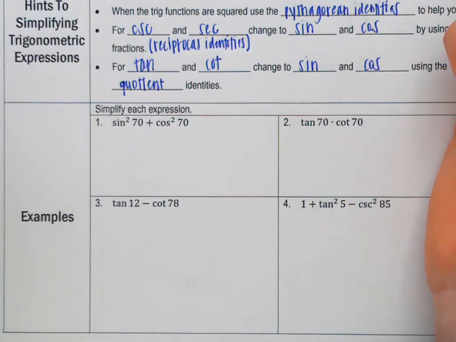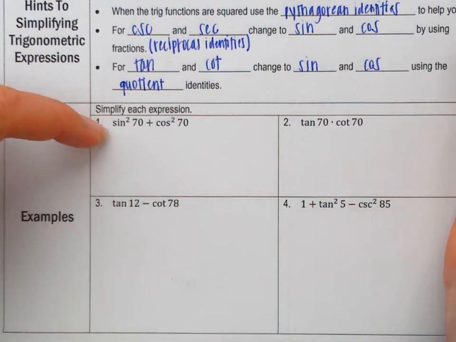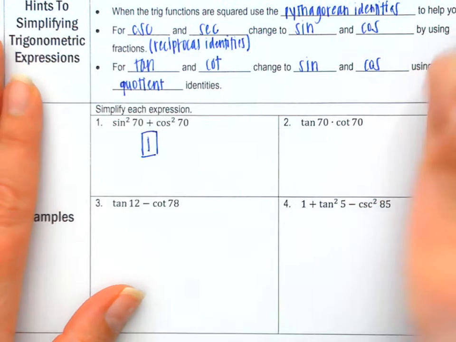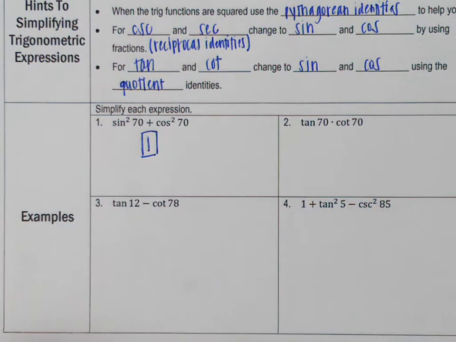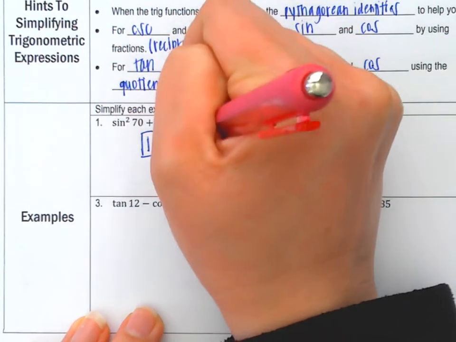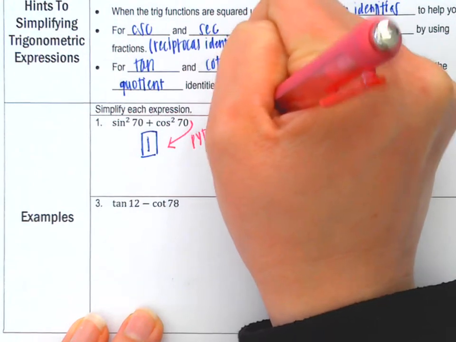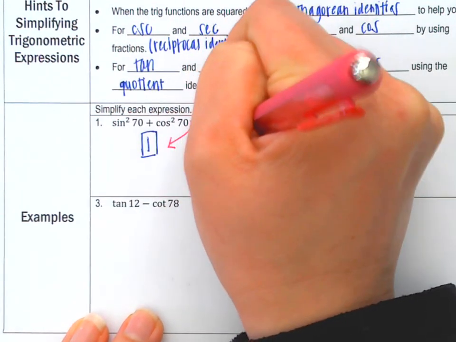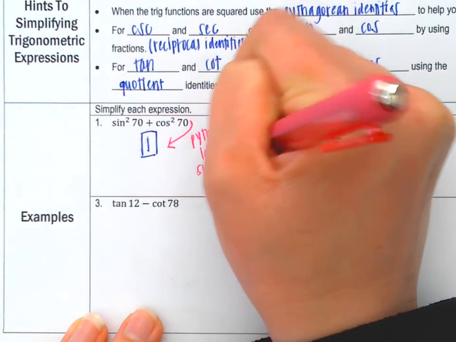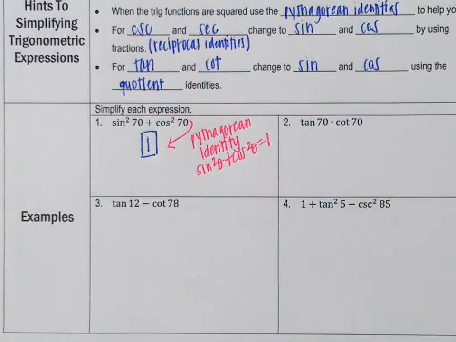Well, if you're saying 1, you're correct. And so this entire thing simplifies to 1. I know, crazy, right? That's why I like these. So we used the Pythagorean identity of sine squared theta plus cosine squared theta to help us, and that's how I got that one to be 1.